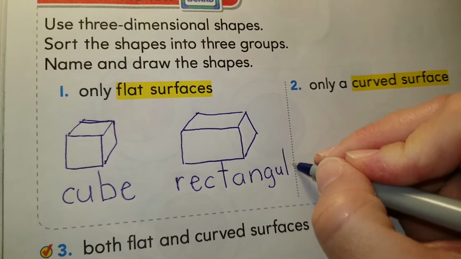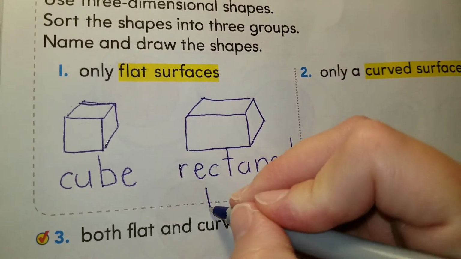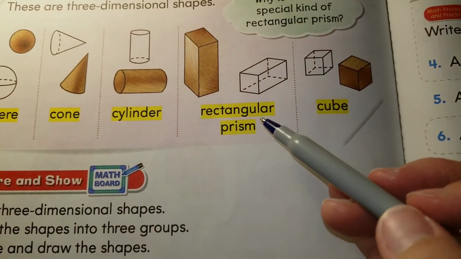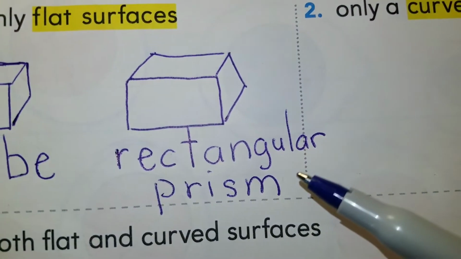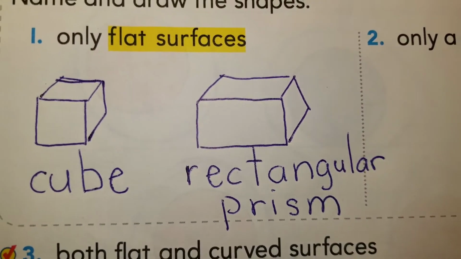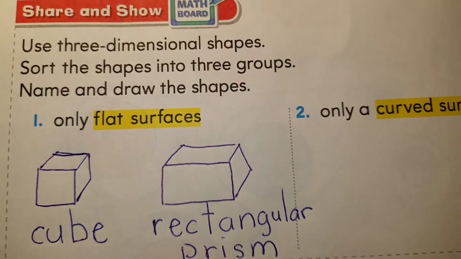Once again, it's not fitting in. That's a rectangular prism. And you can also copy the words from here, because I know they didn't come out very nice over here. That's a rectangular prism. And you see, mine's just not perfect. So yours doesn't have to be perfect.